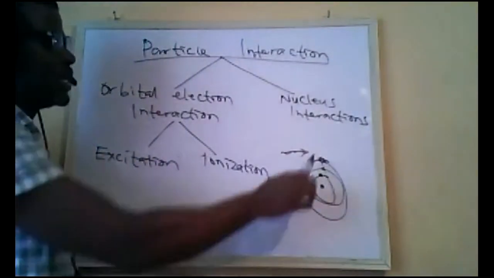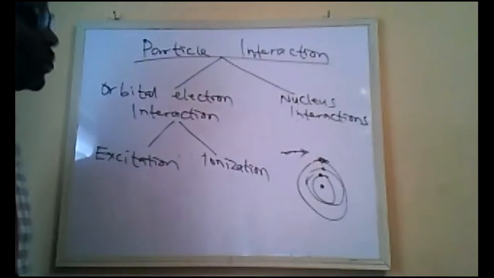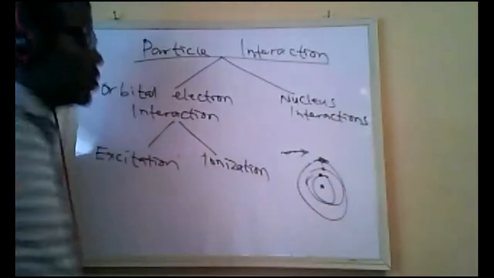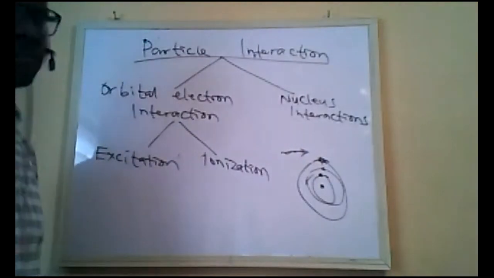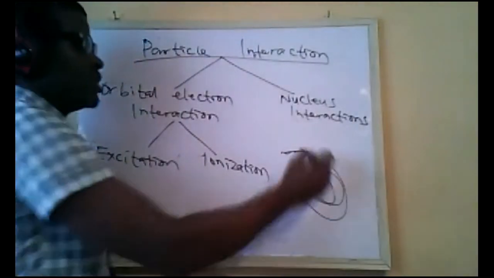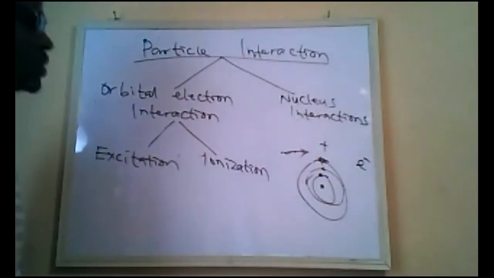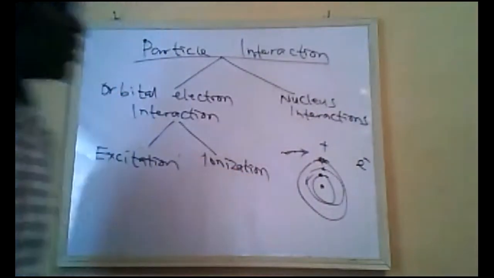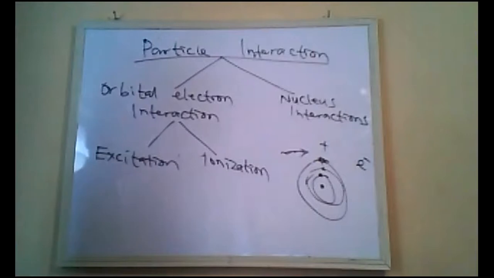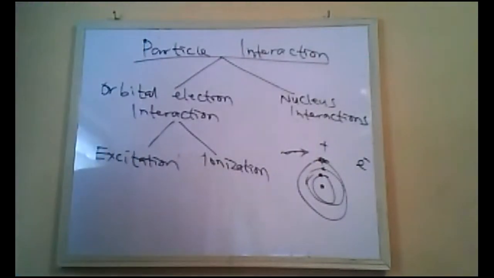But for ionization, we are looking at the complete detachment of the electron from the shell. When that happens, the atom becomes positively charged, while the electron that has left is, of course, negatively charged. About 70% of interactions that happen in soft tissue are a result of energy deposition because of ionization.